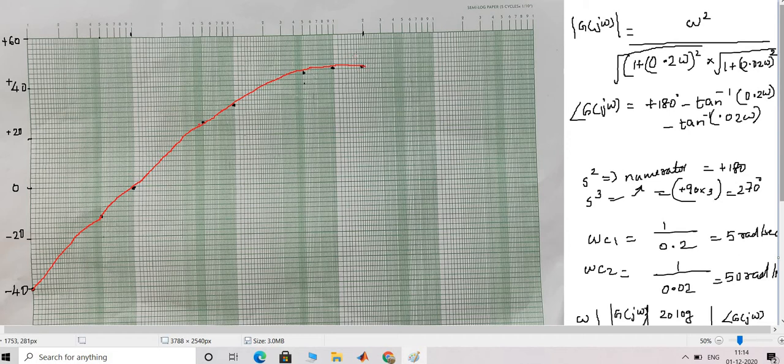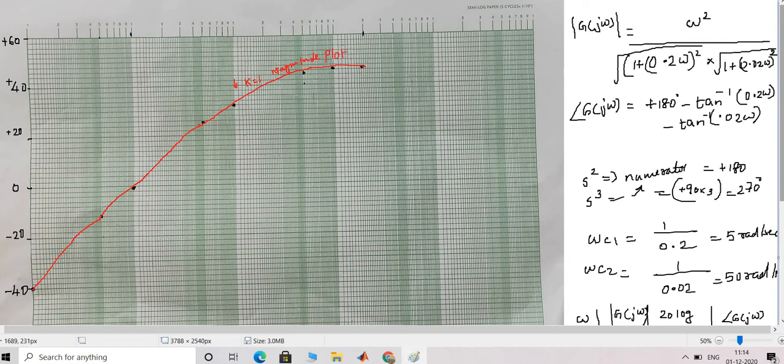Okay, so this is our magnitude plot when k is equal to 1.